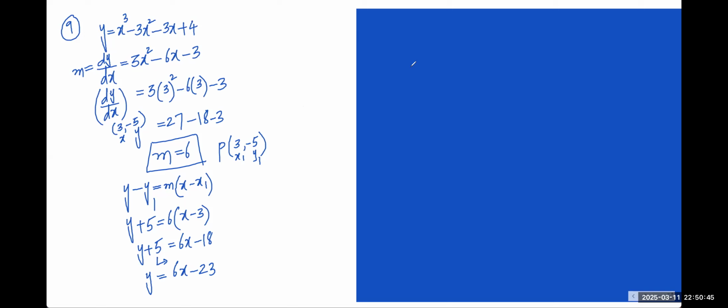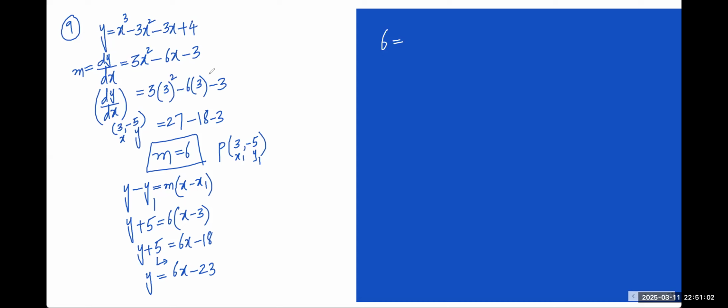When we say tangents are parallel, their slopes are equal. So what we are doing here is, in dy by dx, we got this one as 6 that I'm using here.